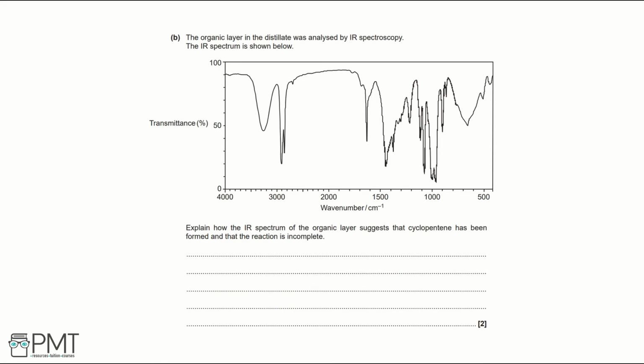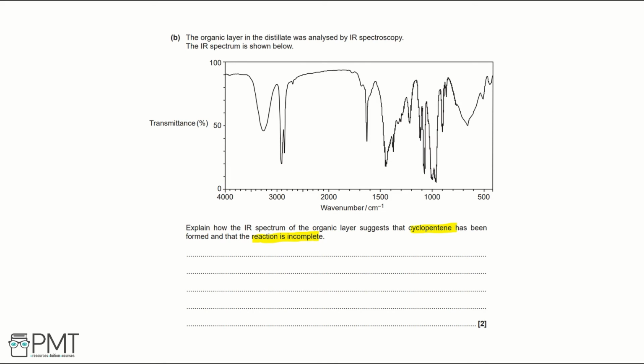Part B. The organic layer in the distillate was analysed by IR spectroscopy. The IR spectrum is shown below. Explain how the IR spectrum of the organic layer suggests that cyclopentene has been formed and that the reaction is incomplete. The key part of this question is that the reaction is incomplete and that we're trying to form cyclopentene.